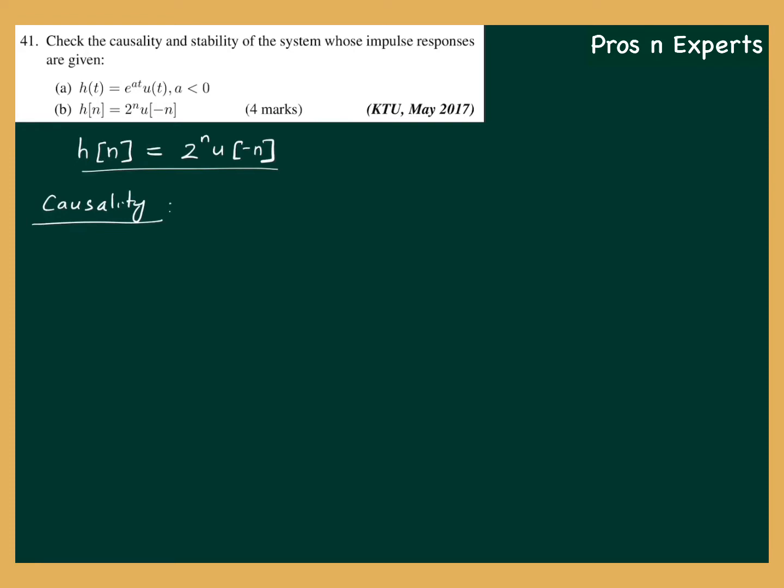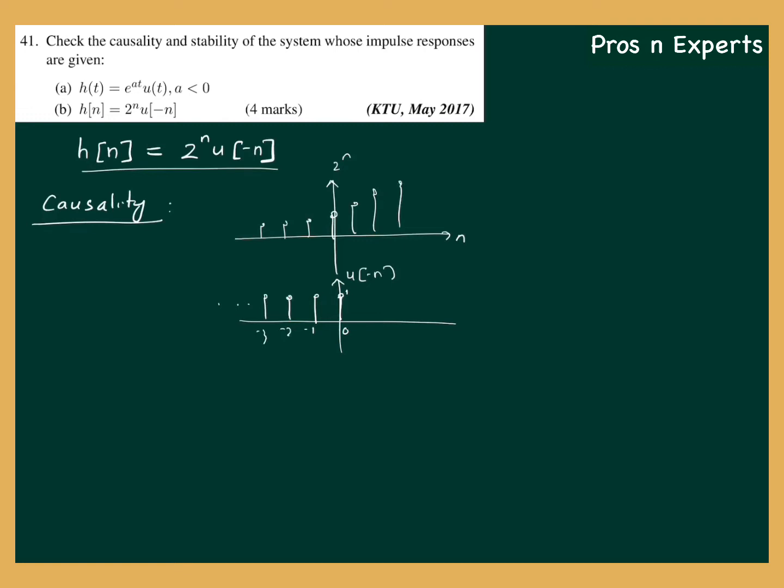We know that 2 raised to n is an exponentially increasing signal on both sides. Now in the impulse response, 2 raised to n is multiplied by u of minus n. What is u of minus n? It is u of n in its time reversed fashion, with amplitude 1.